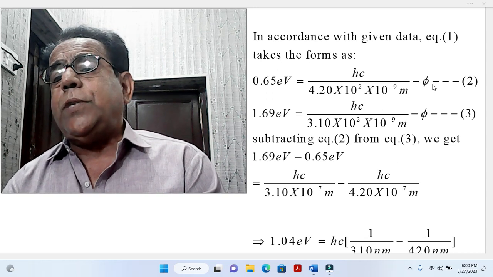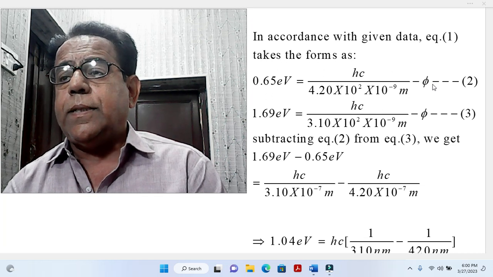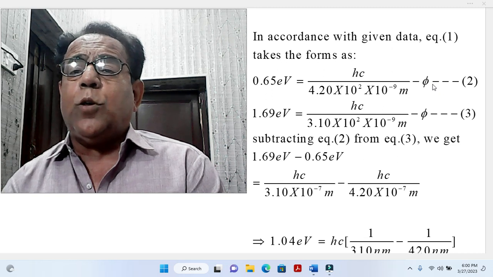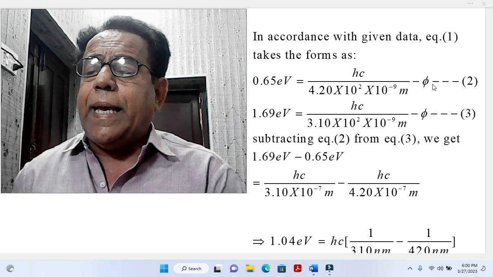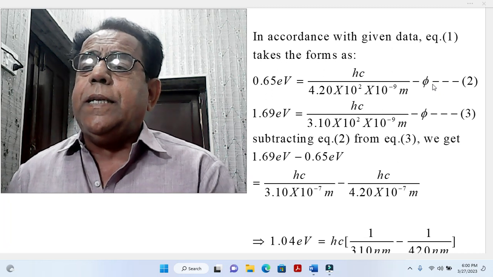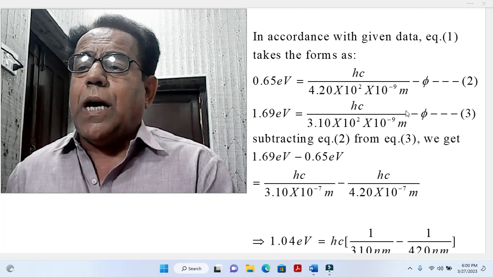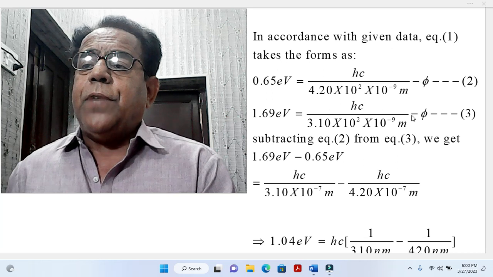Here dear students, we will subtract equation number 2 from equation number 3. What will be the outcome of this operation? The outcome will be that we will get free from this factor, that is the work function.